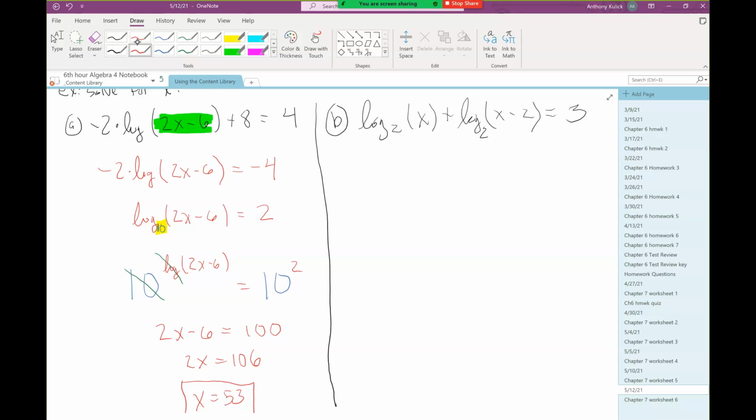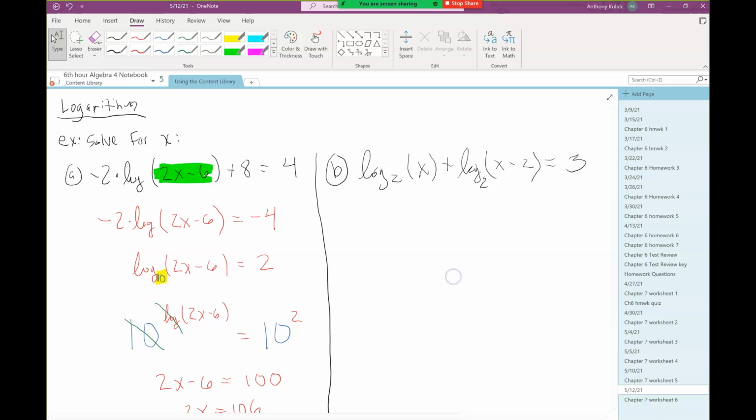Yes. Okay, so my goal to start with in this kind of a situation is to condense my logarithms into a single logarithm. So just like last night's homework, we're going to condense those. If I look, the only thing going on here is a product property, right? There's no coefficients, there's no subtraction.